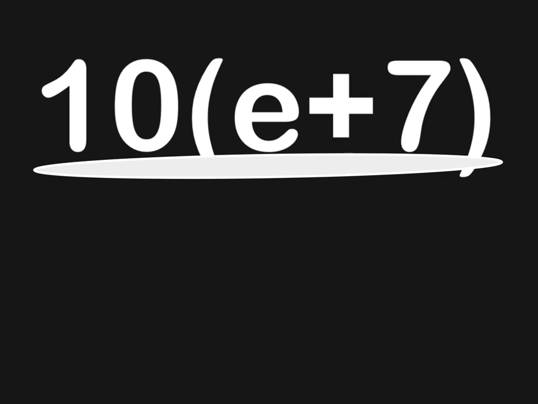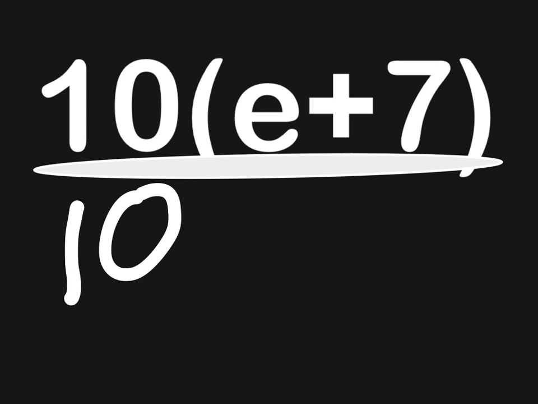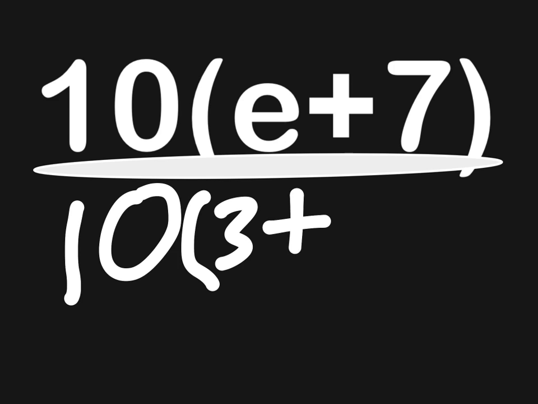If you had a problem like 10 times e plus 7, and e equaled 3, you would change it so that it would be 10 times (3 plus 7).